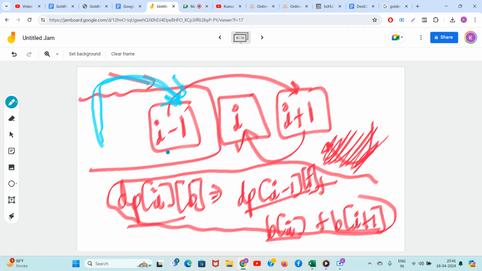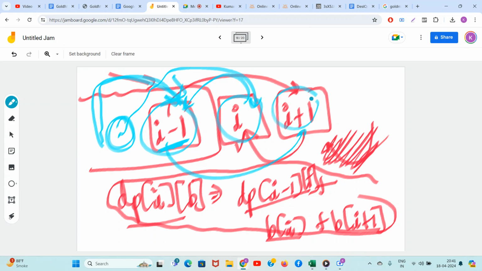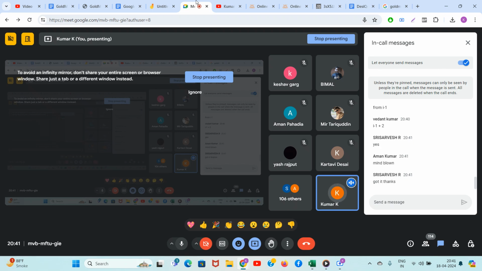Because if you reach I minus 1 in a backward fashion, this means you were at this position, then you went to I, and then you came to I minus 1. Now you cannot again go from I minus 1 to I plus 1 and then again I, because I will be visited two times like that. You cannot do it two times.